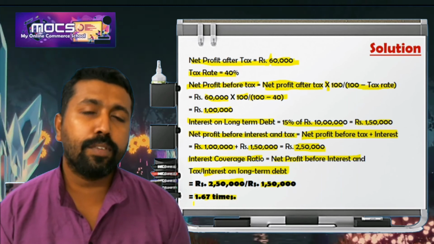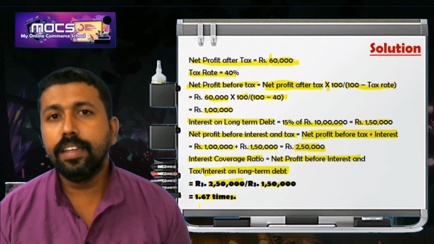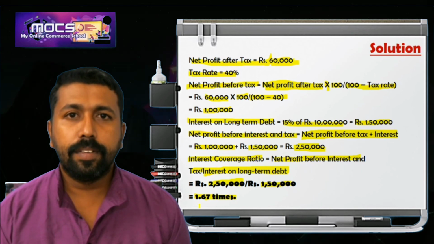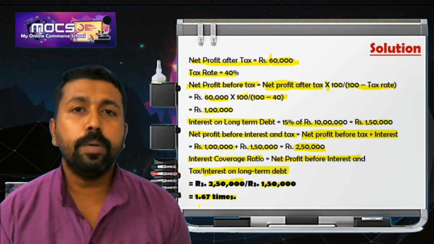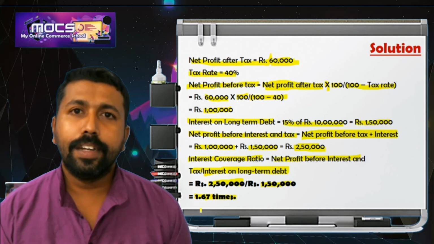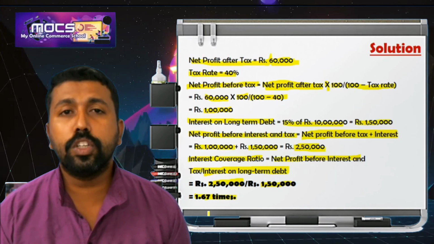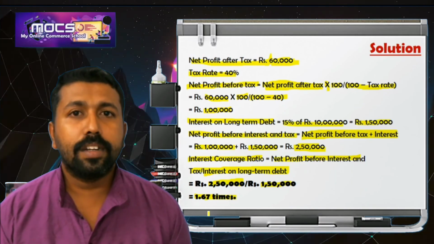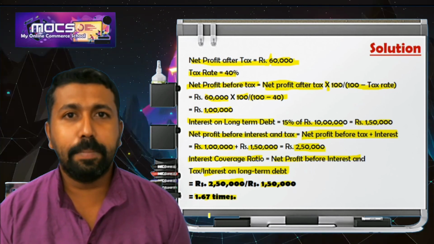I hope it is very clear for you. The different ratios we are learning in the solvency category are debt equity ratio, total asset to debt ratio, proprietary ratio, and interest coverage ratio. All these ratios are used to find out the ability of the firm to repay its liability.